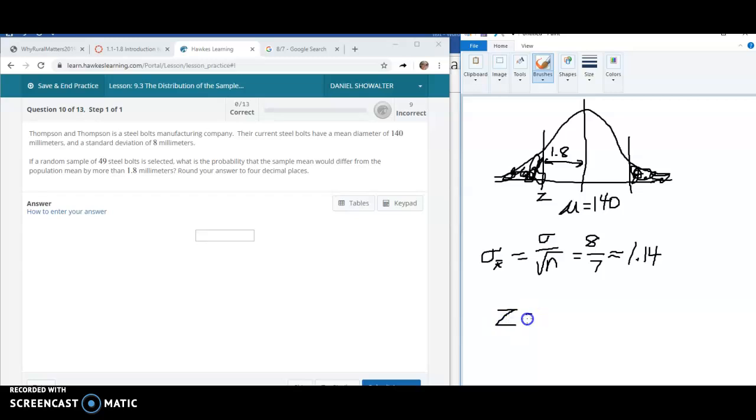In general, our z-score has been this right here when we have a normal distribution, and we really do have a normal distribution here because the central limit theorem tells us that the sample means follow a normal distribution. So let's go ahead and use this formula here, and let me just remind us that for the standard deviation of this distribution, we're using what we calculated before, the distribution of sample means standard deviation.